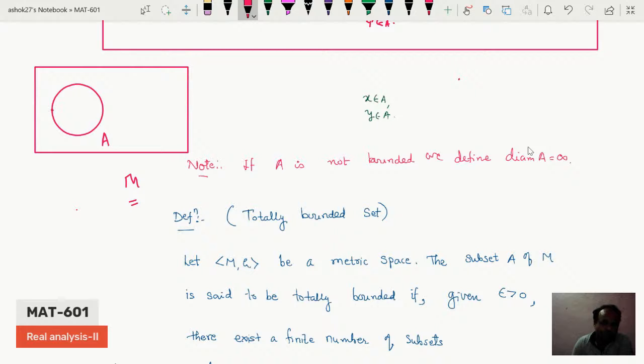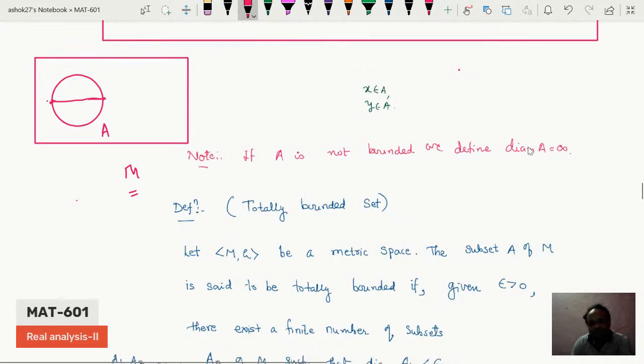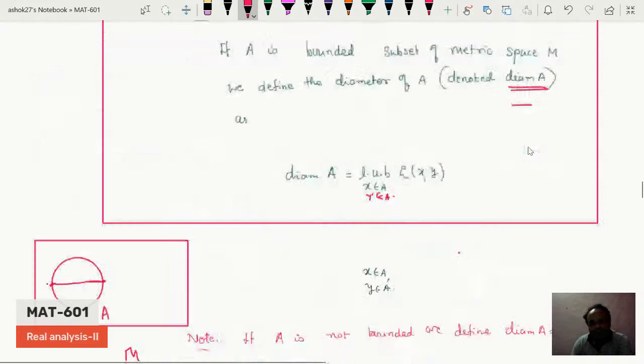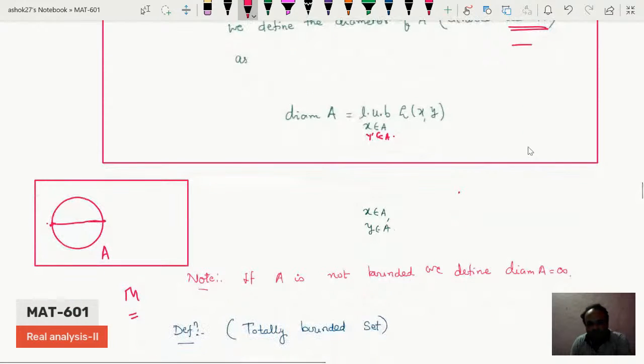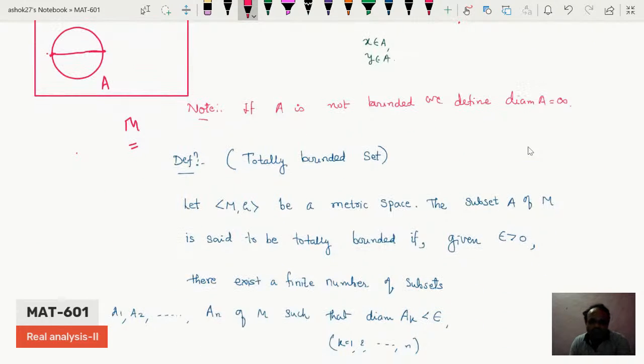If we take one point here and another point here, naturally this distance will be the diameter of A. So the diameter of a set is the least upper bound of all rho(x, y) where x and y vary in A, meaning it is the longest distance between any two points of set A. If A is not bounded, we define the diameter of A to be infinity.